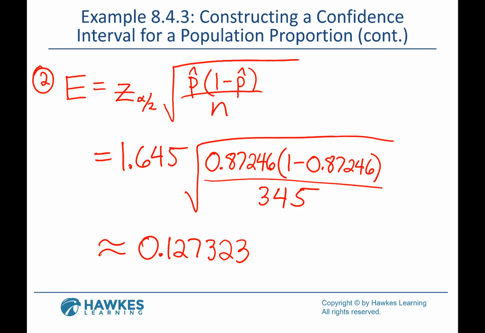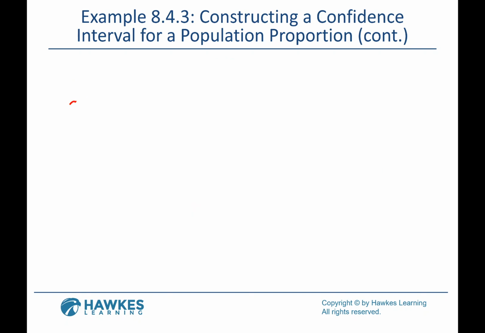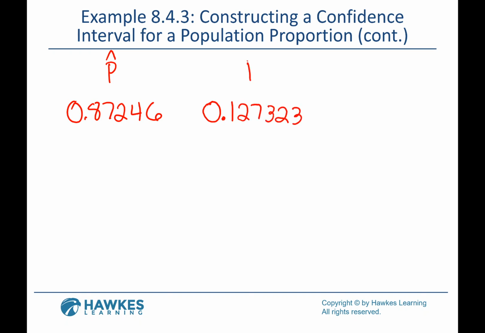And then the last step's the easy step. We've got p hat, 0.87246. E here is 0.127323. So we're going to add those one time and subtract them one time to get our two endpoints.